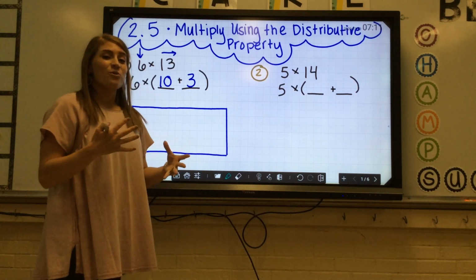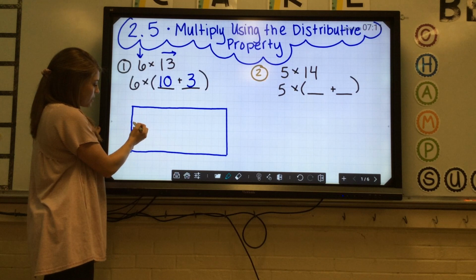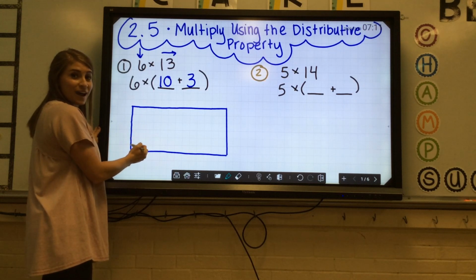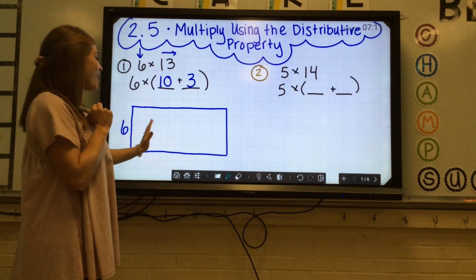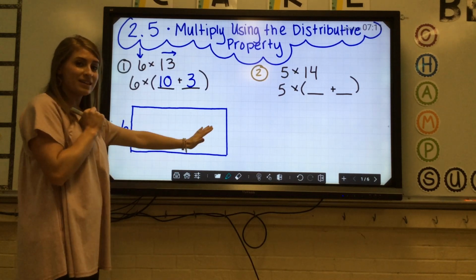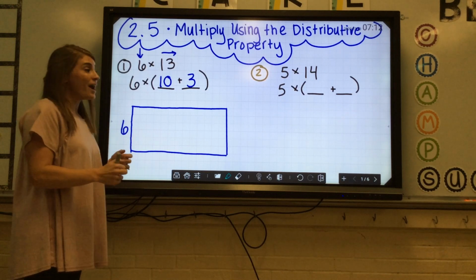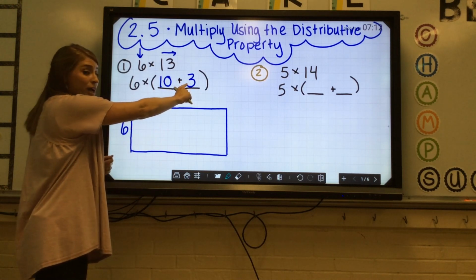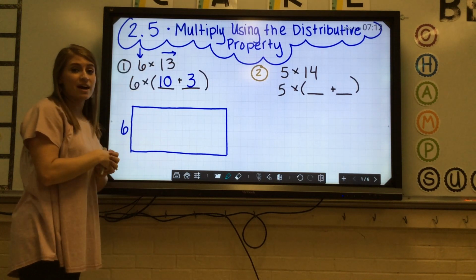Okay, so I'm going to label this side right here. How many did we say this was? Right, it was 6. But now I've got to break this apart. How do you think I'm going to break it apart? Right, using this 10 and this 3 that I've already used to break that 13 up.